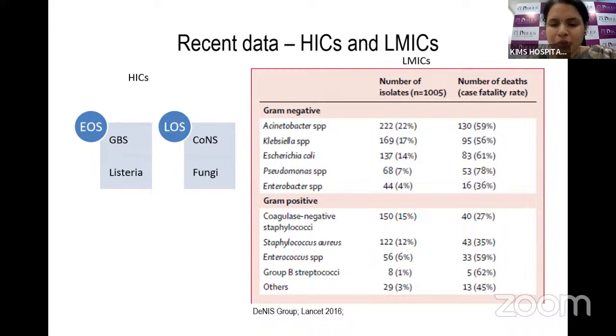Whereas among the gram-positive organisms, there was a significant resurgence in coagulase negative staphylococcus. So CONS, or coagulase negative staphylococcus such as Staph epidermidis, which are usually skin commensals, accounted for 15% of the isolates. And this was after all possible precautions were taken for avoiding contaminants in the blood culture.